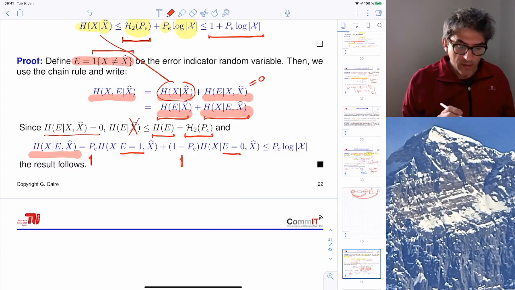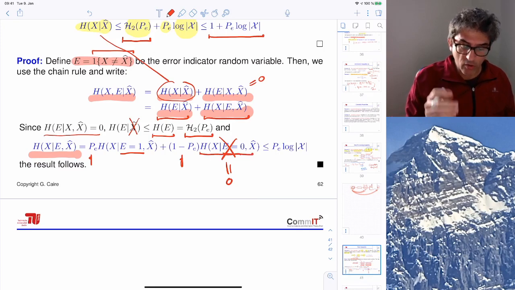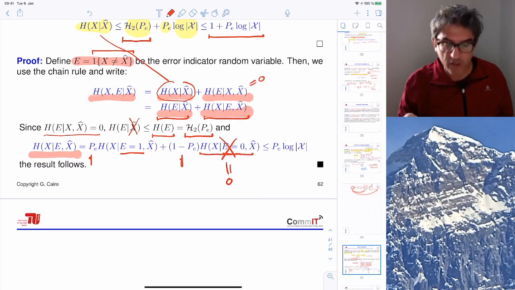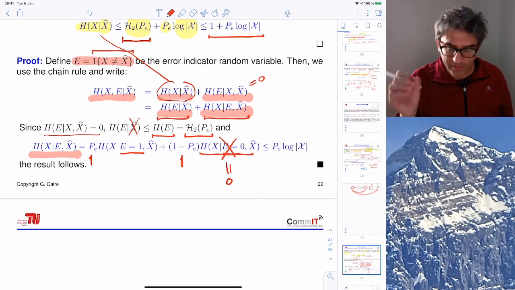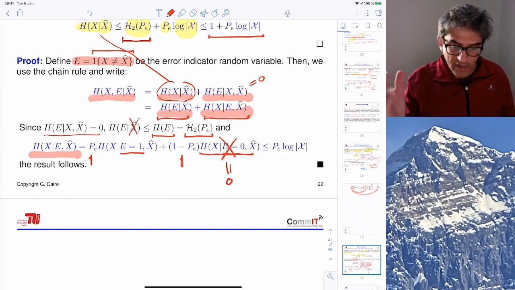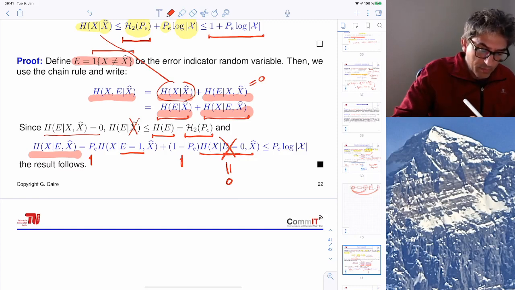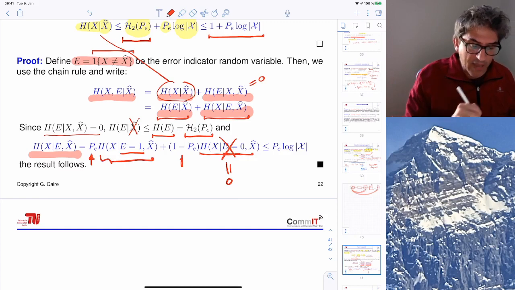For E equal to 0, x is equal to x hat, so this term is 0, because conditional on E equal to 0, x becomes a function of x hat, and therefore is uniquely determined by x hat. For the same reason I said before, the conditional entropy of something that becomes deterministic given the conditioning is 0.